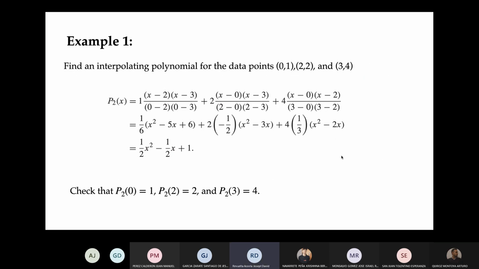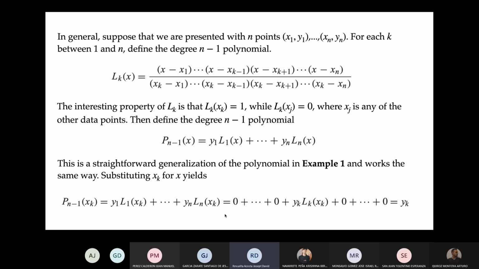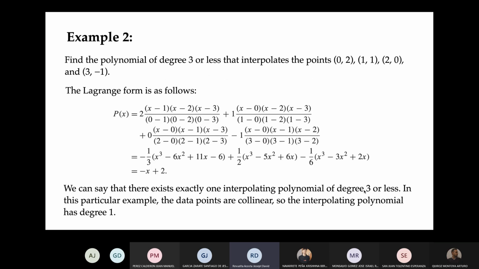So this is L3. This is what we generalize. And then at the end, of course, if you evaluate the value, it is going to be equal to JK. So that would be one of the examples.